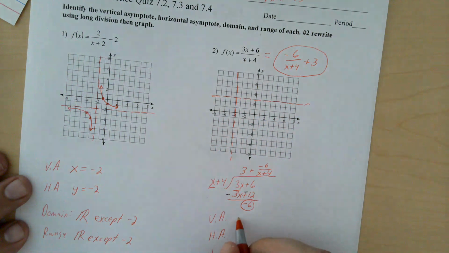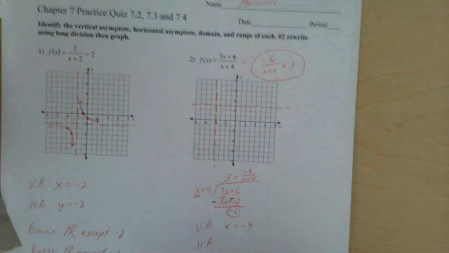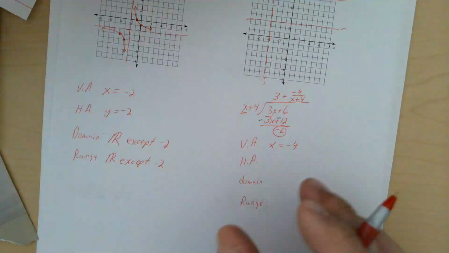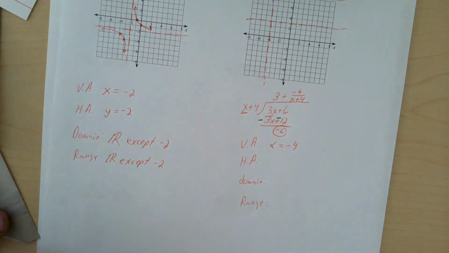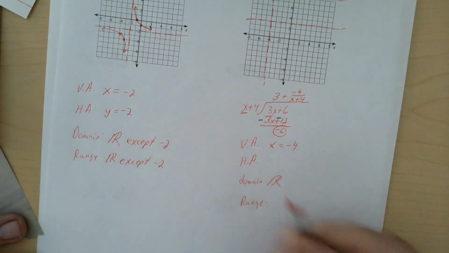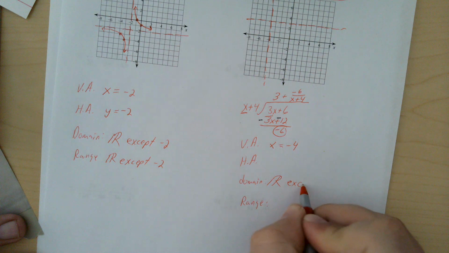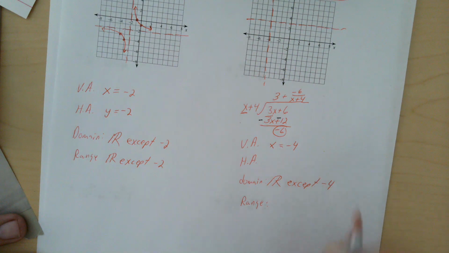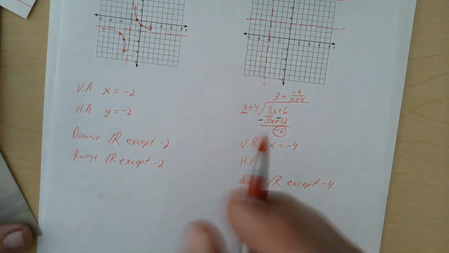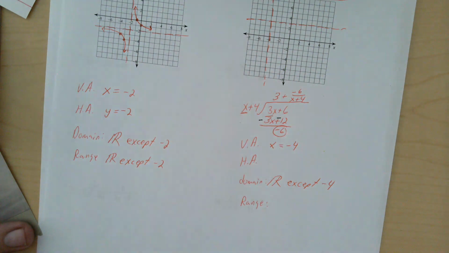Okay, so my vertical guideline, let's go down here, is x equals -4. And as soon as I do that, I'm going to be able to state the domain. Any number except -4. When we use our calculator, we'll see an error at -4. For the outcome, we're going to have all outcomes except for a 4.